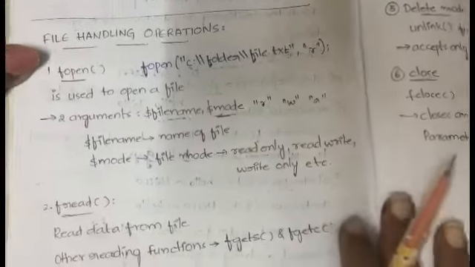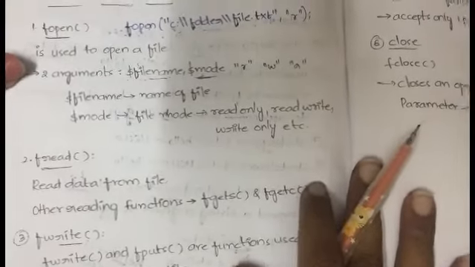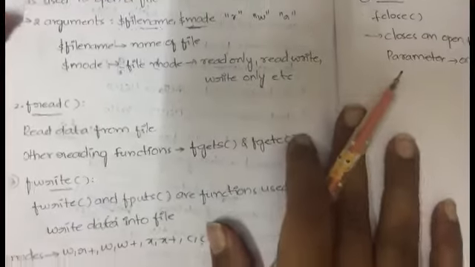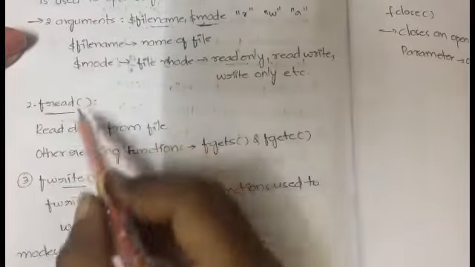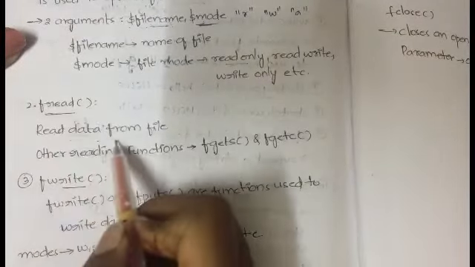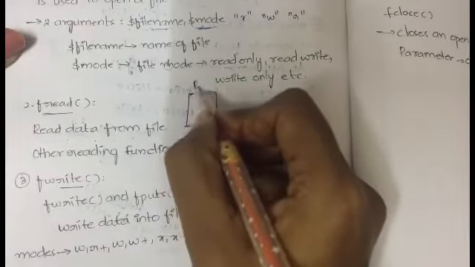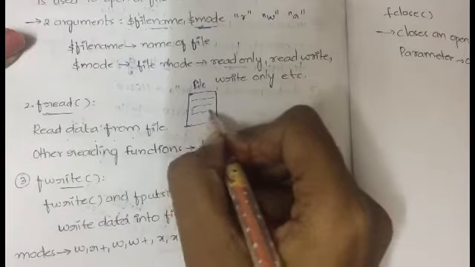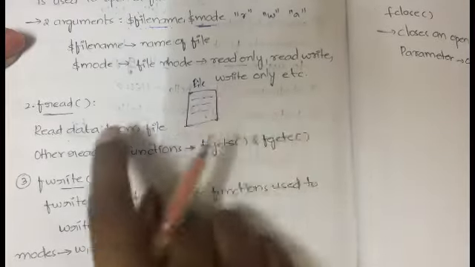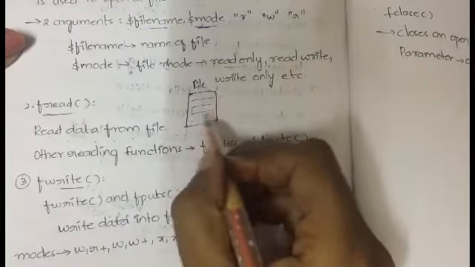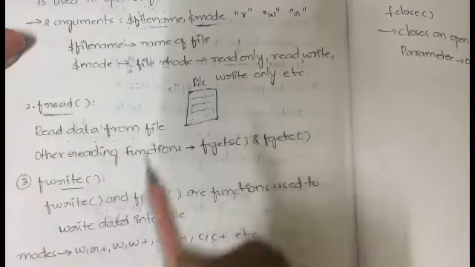And next we have fread. This is the second function we have, fread. In fread we read the data from a file. In the file we will be having some data, right? So the data which is present inside this file can be read by using the fread function.